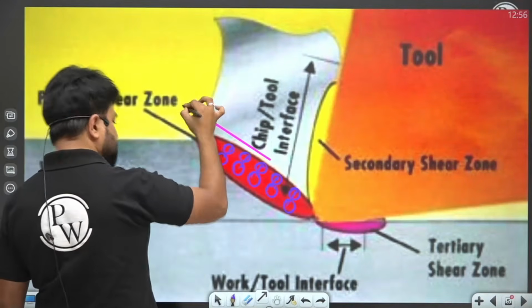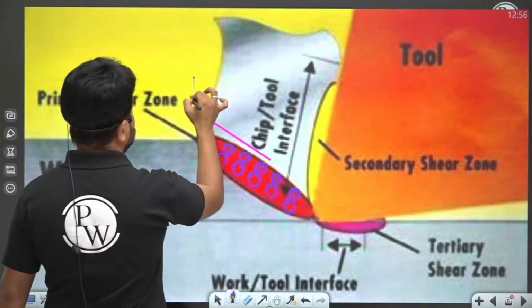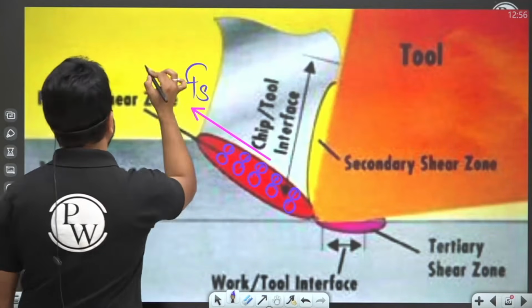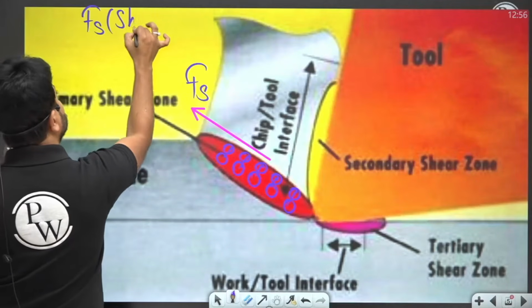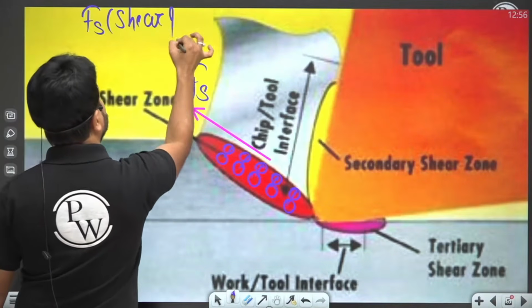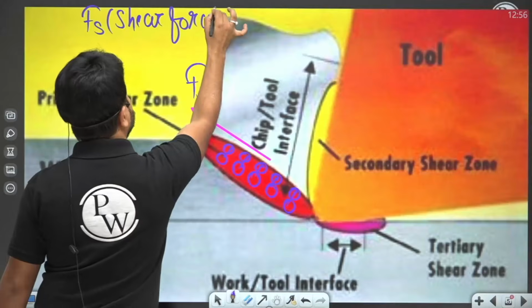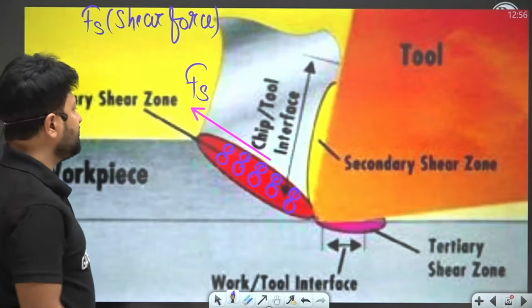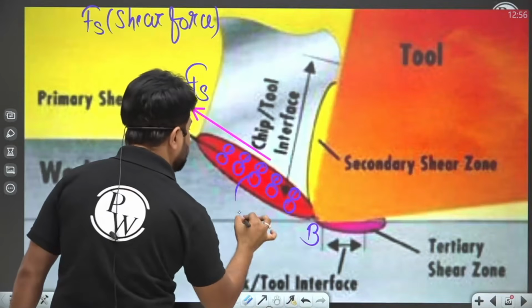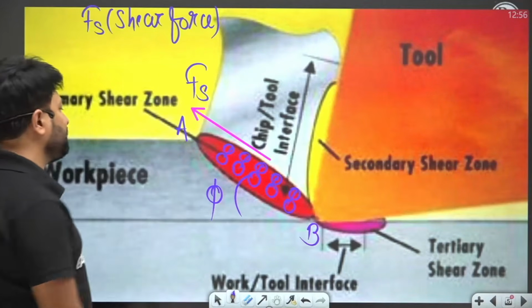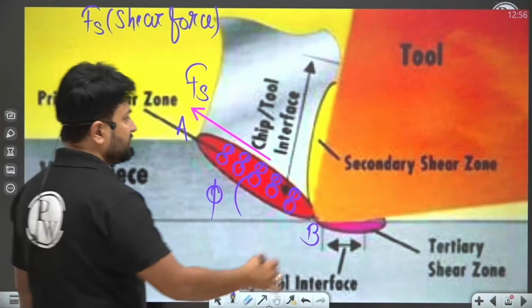This is the shear force, Fs. Fs is a shear force which is acting along the shear plane. Here AB is the shear plane, and that shear plane makes an angle phi from the horizontal or the cutting axis.